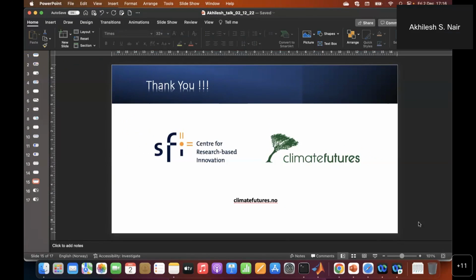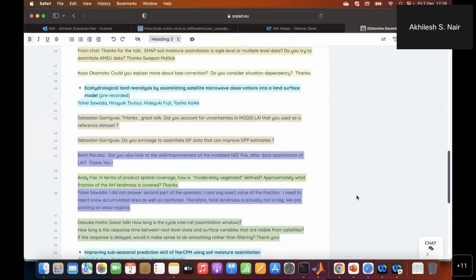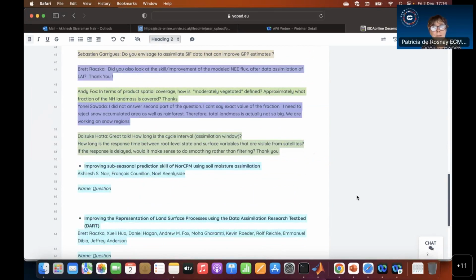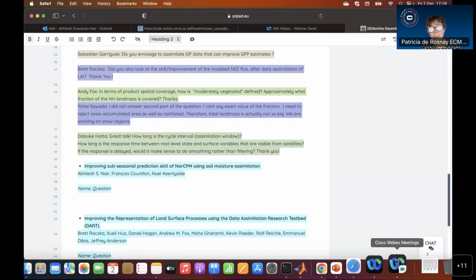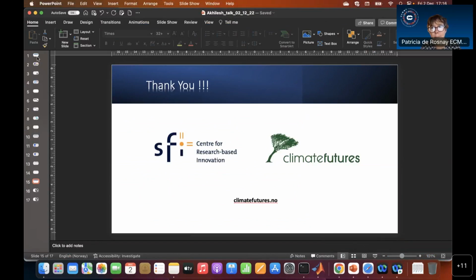Let me look at the chat. I don't see questions yet in your pad, but I have other questions myself. For the CDF matching approach that you're using, you say that it's a monthly CDF matching. On which period did you compute your CDF matching coefficients?